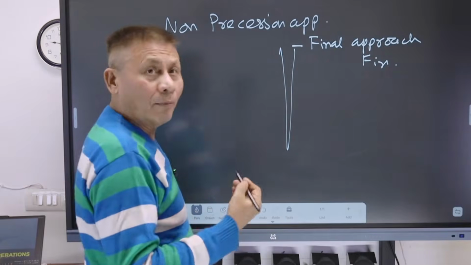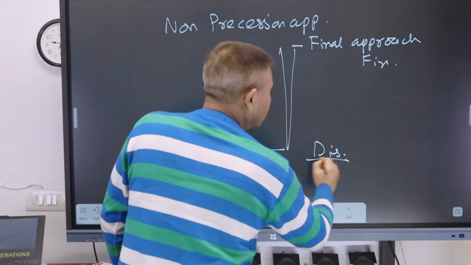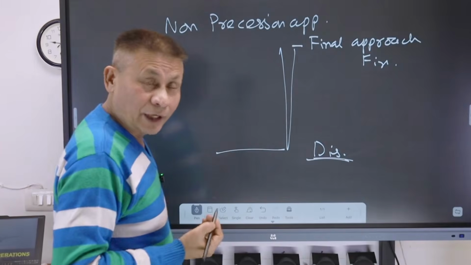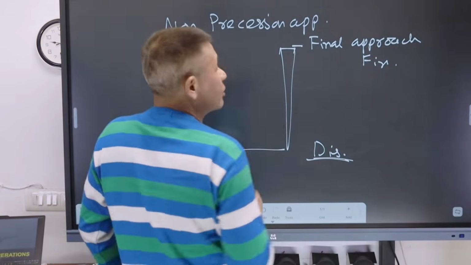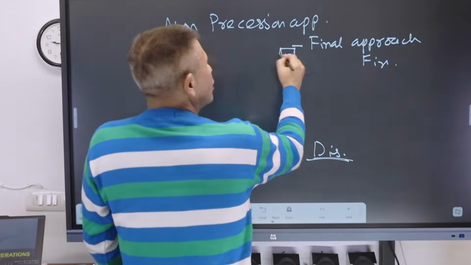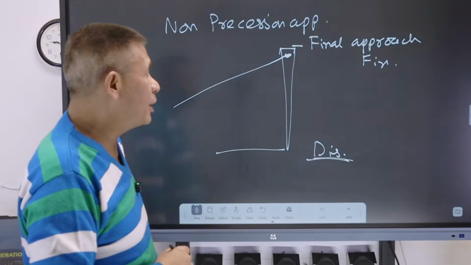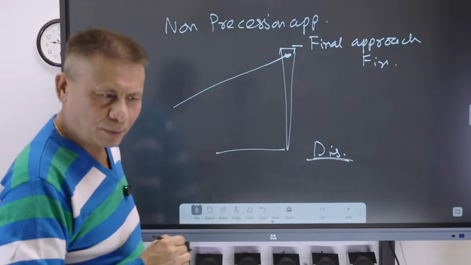It may be a particular distance from a particular given radio navigational aid. So this is what we call the final approach fix. After crossing the final approach fix, you commence your descent. This point is known as the final approach fix, which is applicable for the non-precision approaches.